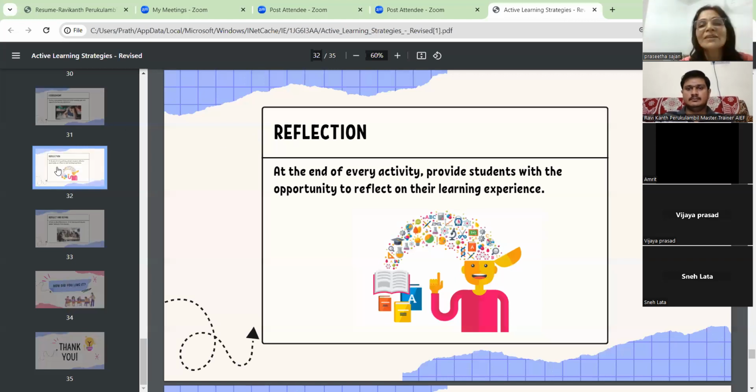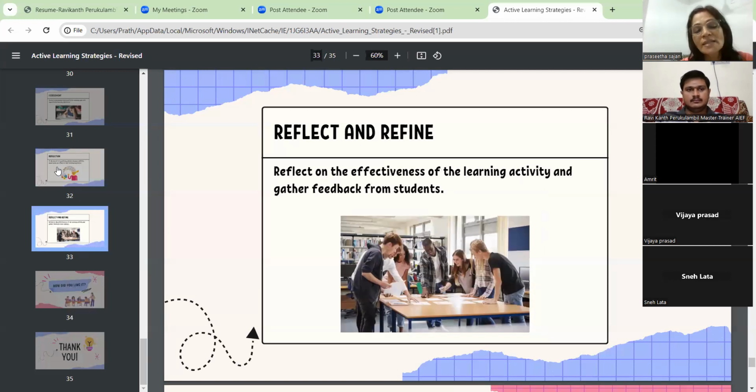Children need to actually reflect on the activity they have conducted. Then they will grow more through that. They will find out about themselves. They will be self-aware.